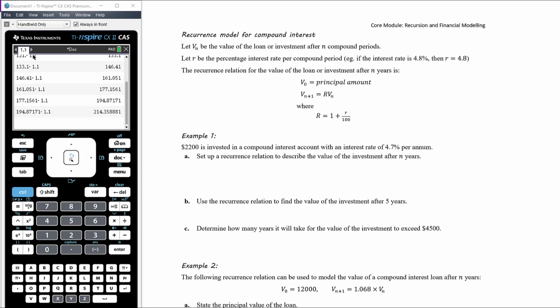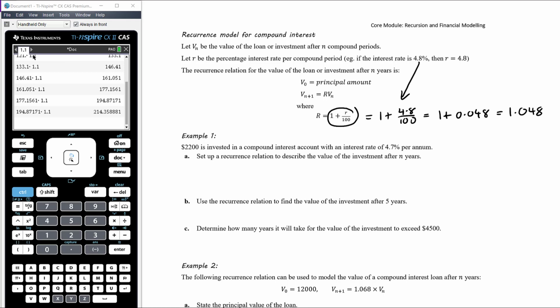Okay, so the recurrence relation for the value of the loan or investment after n years is V0 is the principal amount and Vn plus 1 is capital R times Vn. And capital R, we call that the multiplying factor sometimes, is essentially if you're understanding that you're increasing by 4.8%, that is 1 plus 4.8 on 100, which is 1 plus 0.048, which is 1.048.